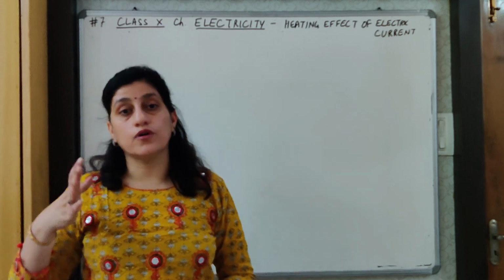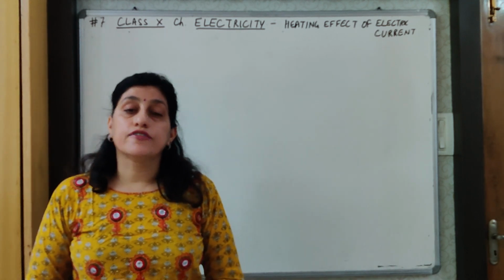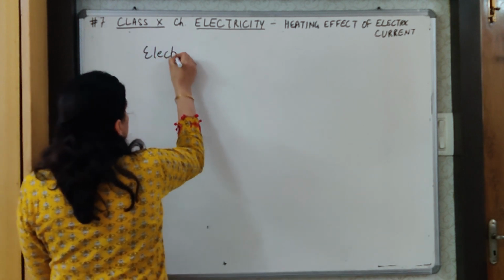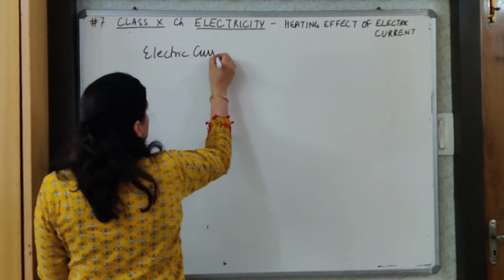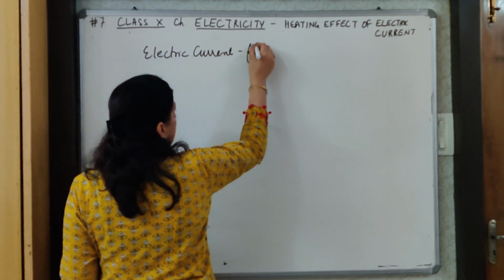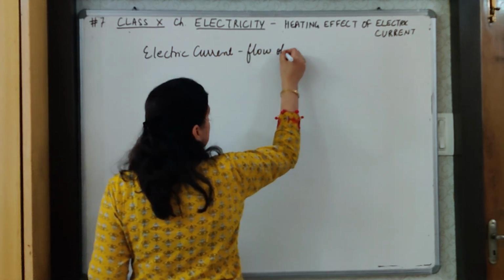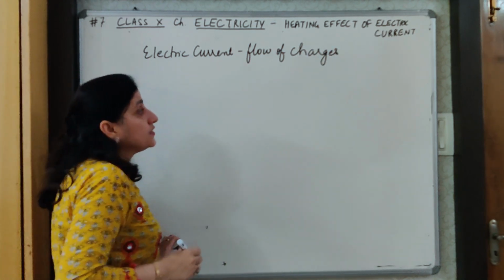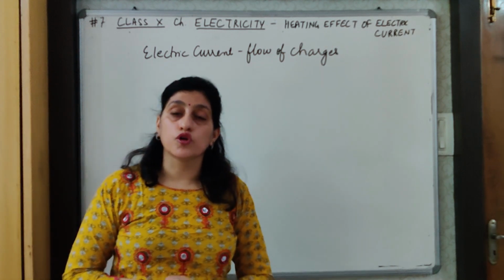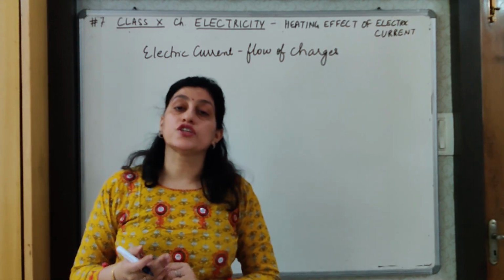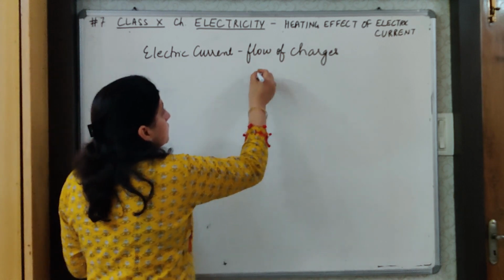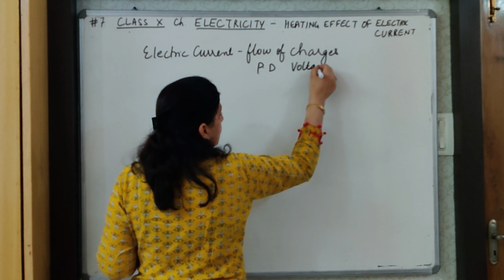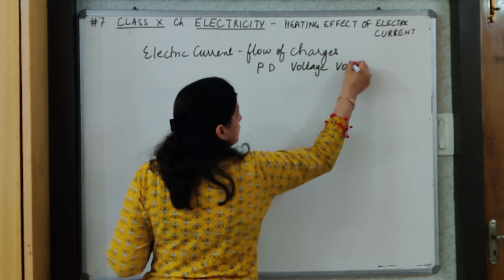Now if I recall what we studied earlier, we know that electric current refers to the flow of charges, and we also studied that to make the charges flow we require a potential difference, which is taken as voltage and written in volts.